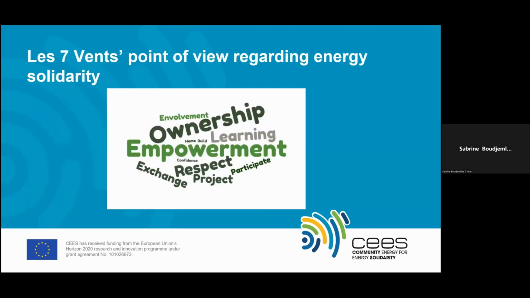For the last word, here at the CEES, we have a special point of view regarding energy solidarity. What we see as more important is that in all actions of energy solidarity that you are going to make, make sure that the inhabitant is involved in the action and takes ownership of all the process and of their house at the end.